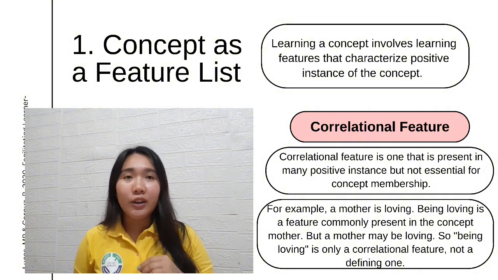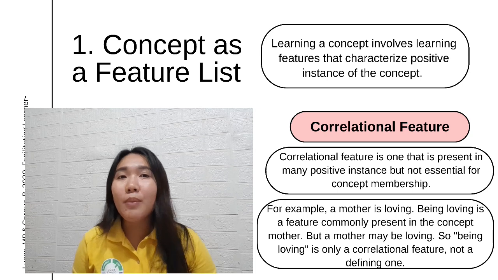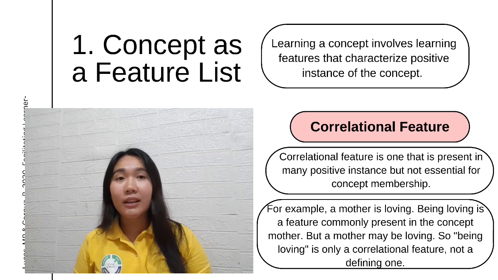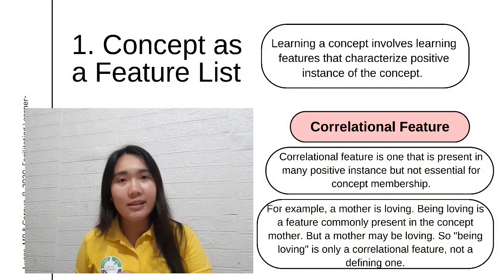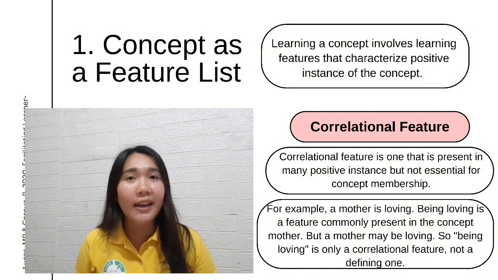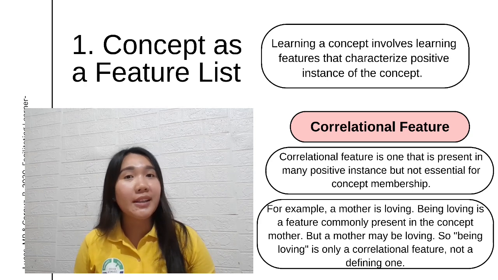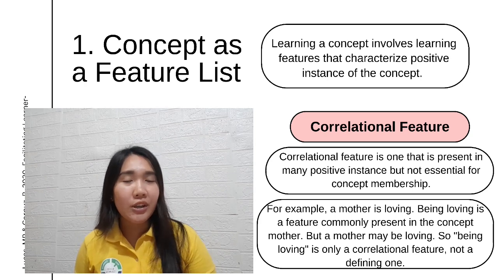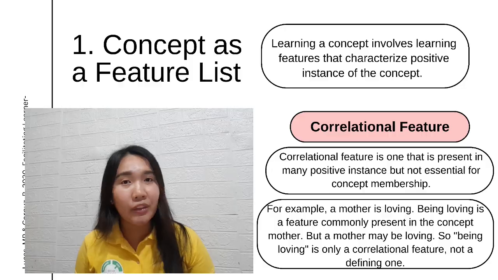Correlational features are characteristics that are commonly associated with a concept, but not essential, like I said. They might be present in many instances, but their absence doesn't disqualify something from belonging to the concept. So we have here our example of a loving mother. Many mothers may be loving, but it is not a defining feature of being a mother.